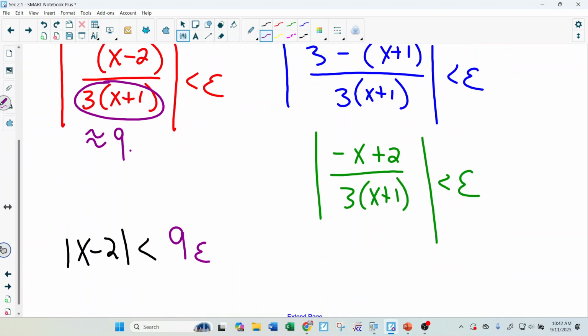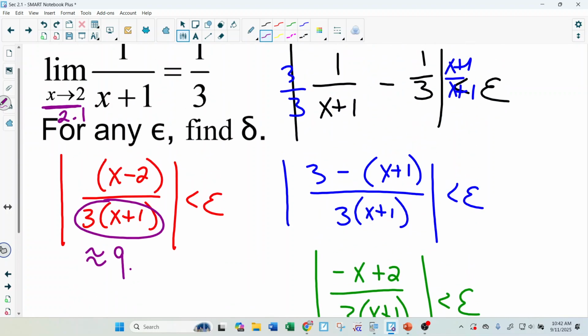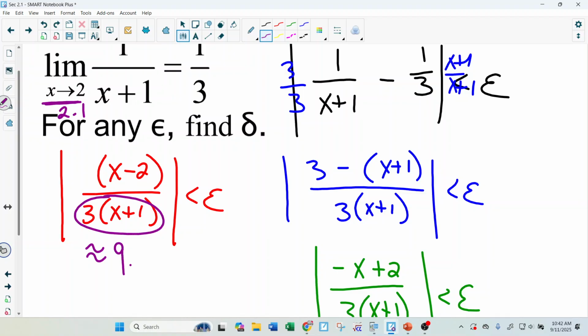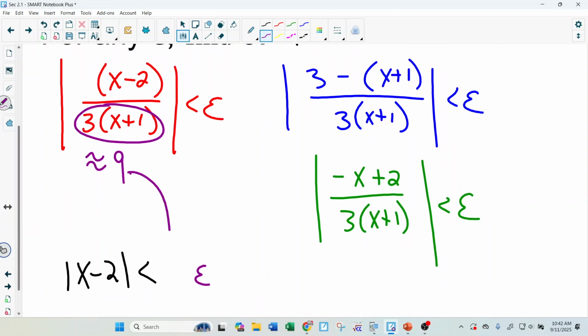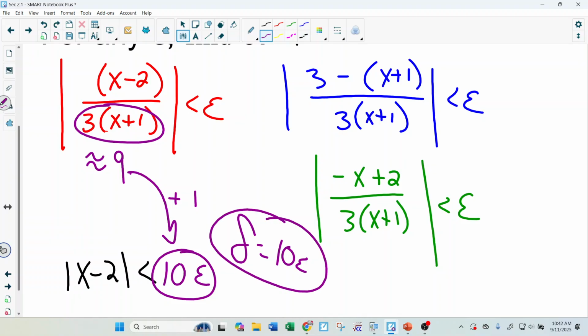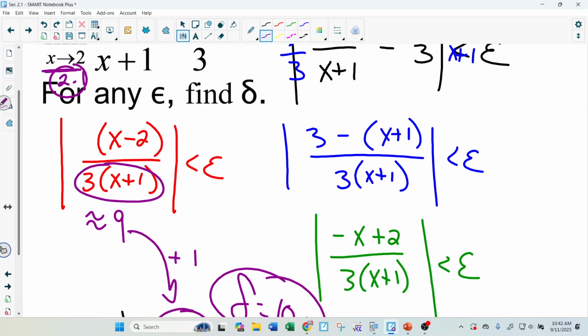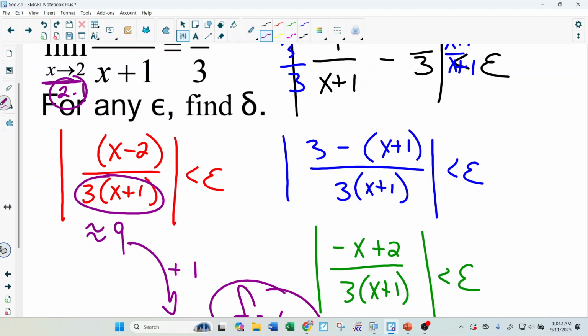So because of that, we don't want to just use exactly 9 because the number close to 2 may be a little bit bigger than 2. So when we say this is close to 9, we're going to add 1 and say 10. Because this number may be a little bit bigger, maybe a little bit smaller than 9, so we'll just go bigger. And if we have a number that's a little bit more than 2, it's not going to be a lot more than 2 because it's approaching 2, but that would allow us to get to there.